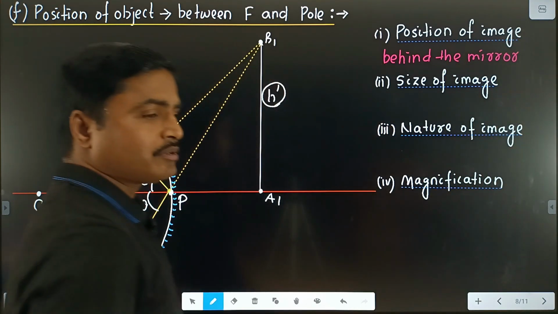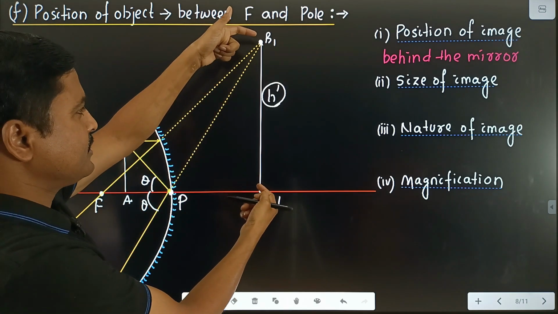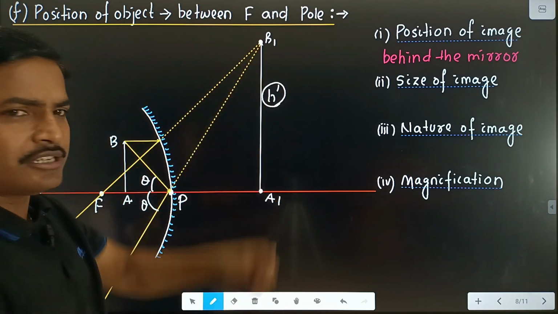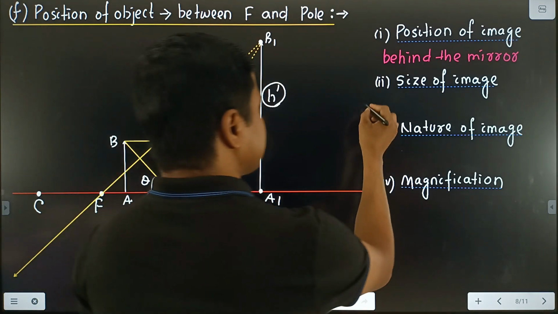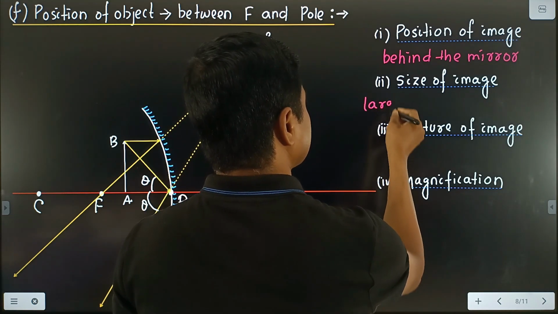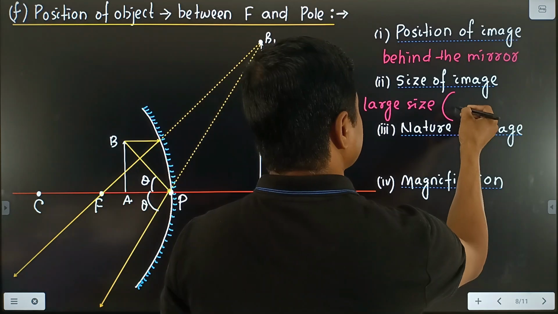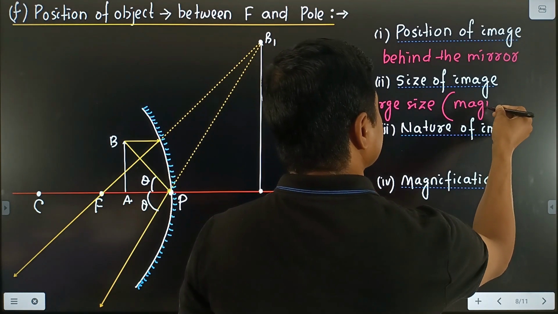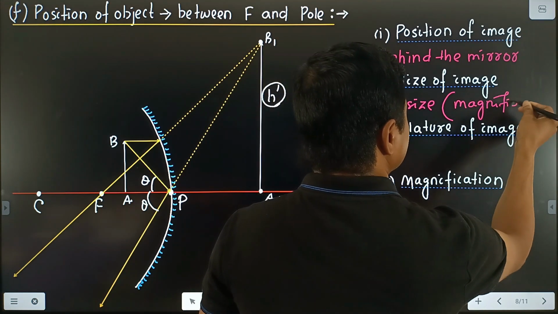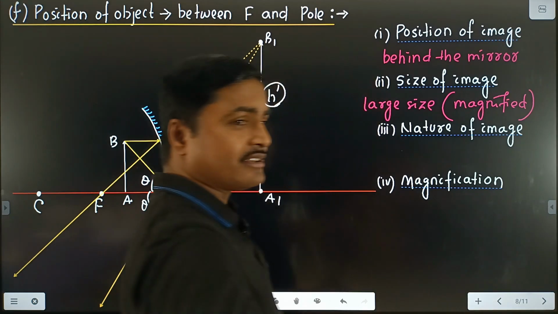Then what is the size of the image? This one is the size of the image. That means a large size image is formed as compared to the object, that means the image is magnified, an enlarged image is formed.